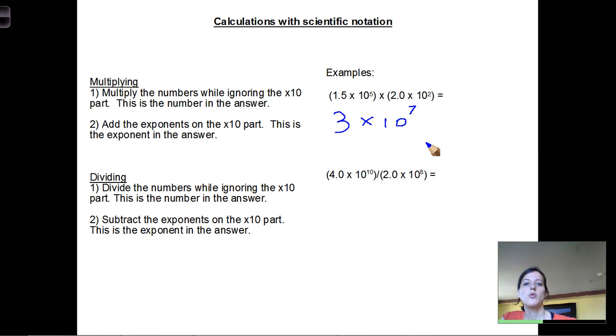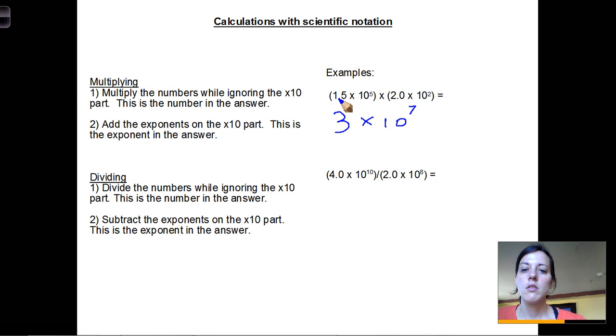Before we can move on, though, we need to round the answer to the proper number of significant figures. So to do that, you are going to count how many significant figures are in this portion of the number. You do not look at the times 10 to the exponent to count significant figures. It's purely just the number portion of the scientific notation.